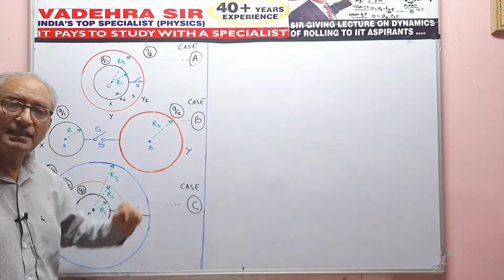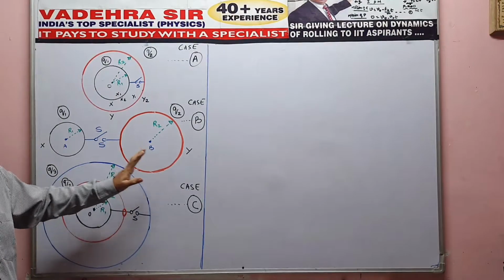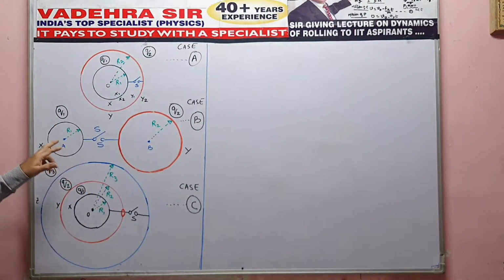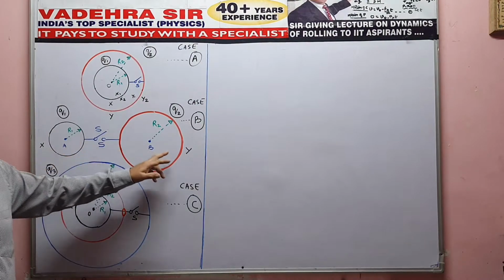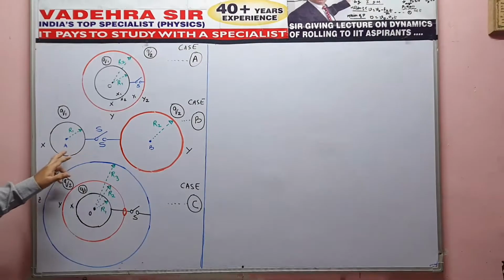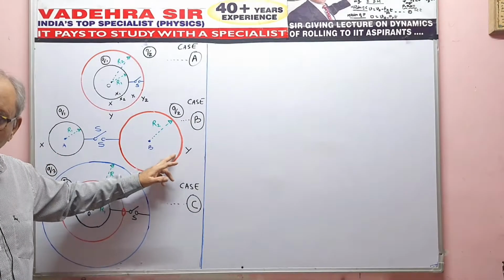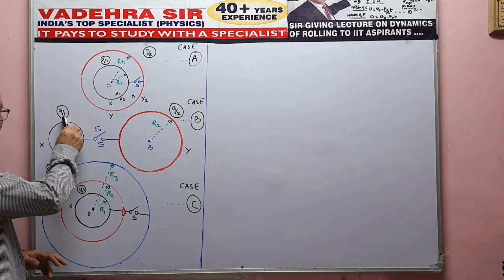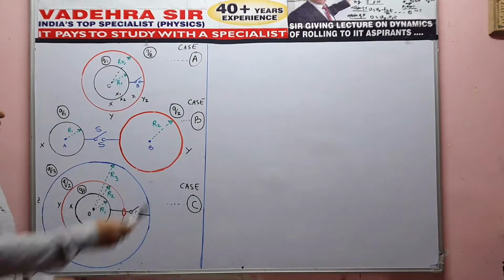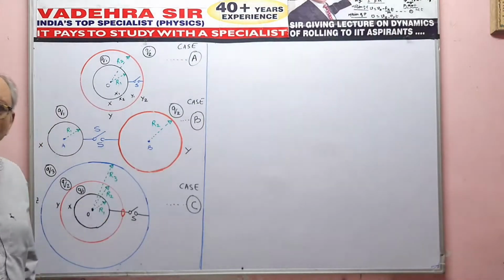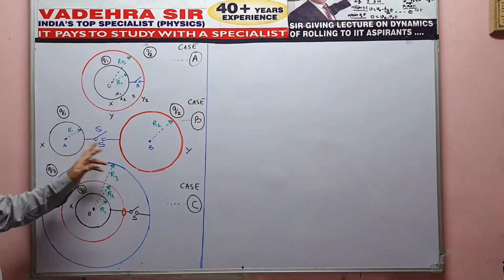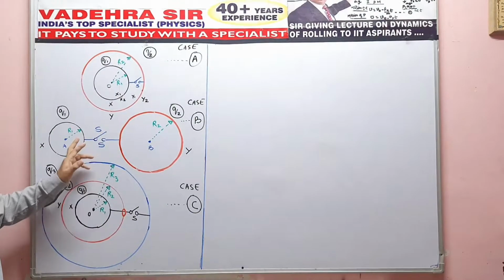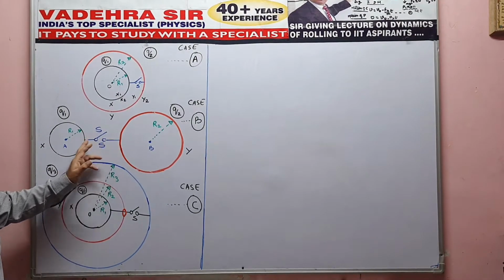In case B, I have got two metal balls. Well, they may be hollow, they may be solid, that doesn't matter. Plate X, plate Y, radius R1, radius R2. Once again, I give free charge Q1 to plate X, Q2 to Y, and the two spheres I connect via a switch S. Of course, I am using a conducting wire for that.